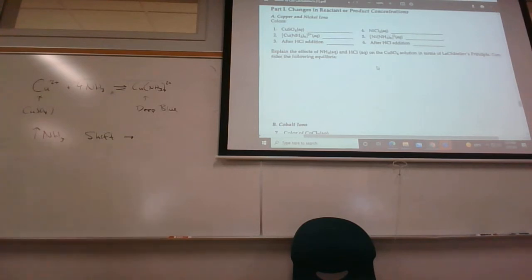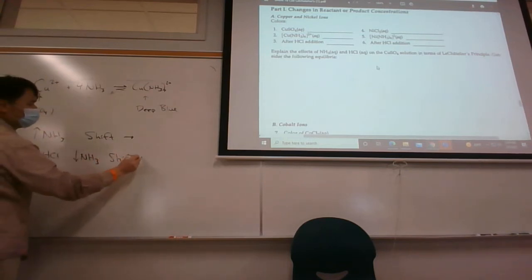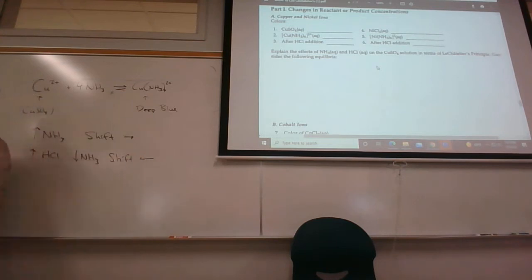If we increase the HCl, what happens here? If we increase the HCl, it's going to take out the ammonia. And so if we remove the ammonia, then it's going to shift to the left. Okay.